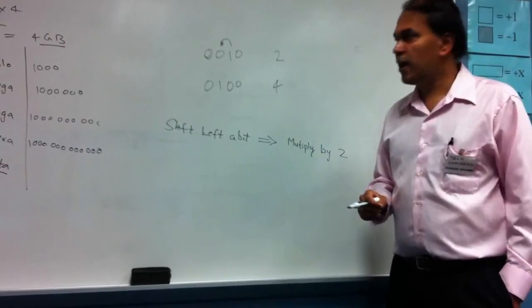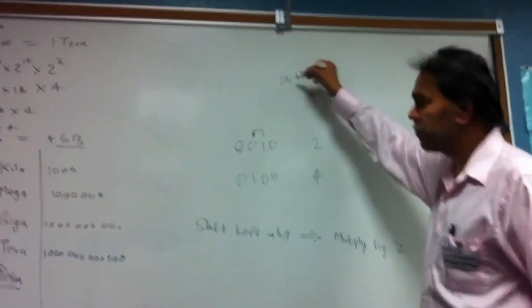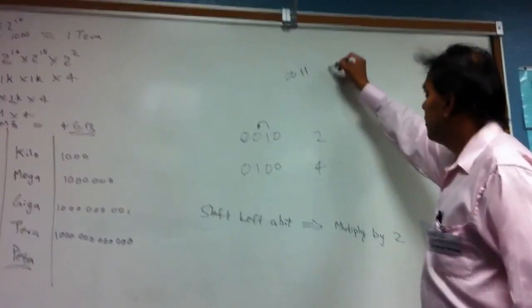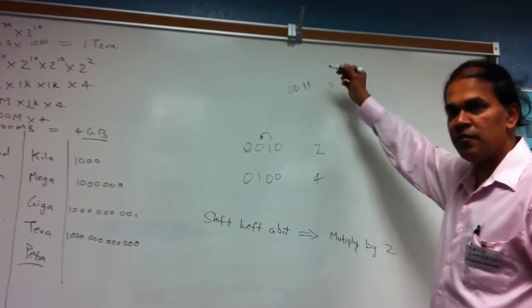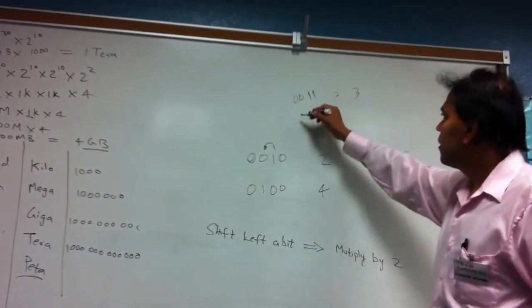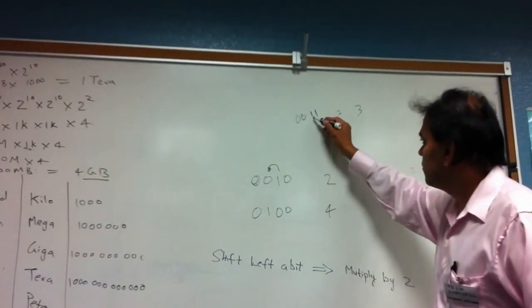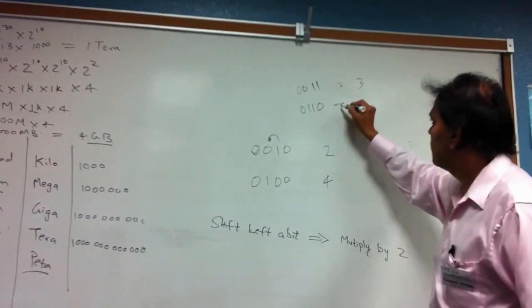Now, what if you have a number like 0011? If you shift left, you don't necessarily get twice. You can try that. So, what is this equivalent to? What's the decimal? 3. Good. Now, if I shift left each bit by 1, so I basically move this to this and this to this, so I do 0110.